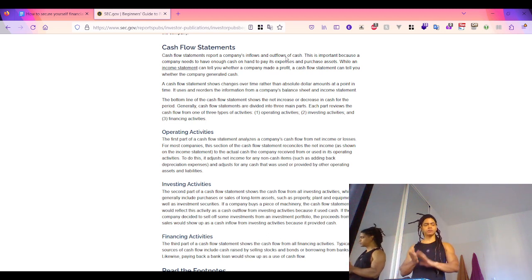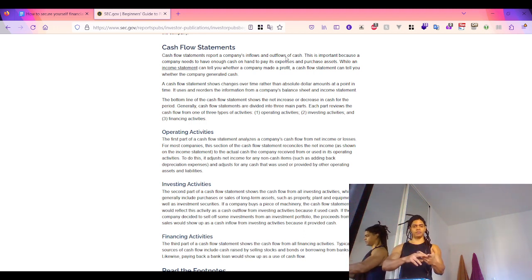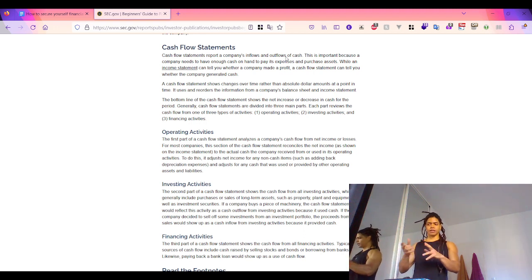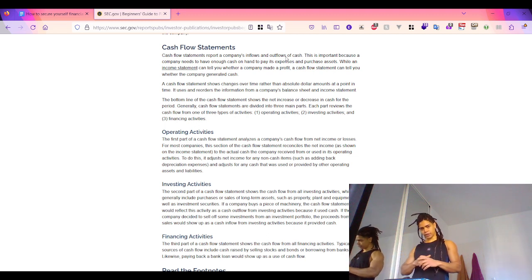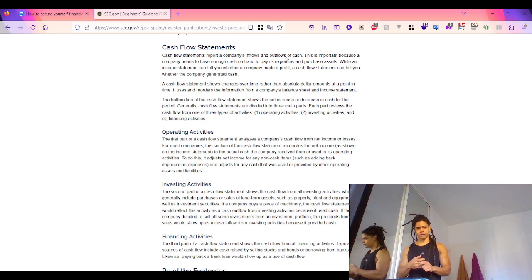The way to do that is first it looks at the net income and adjusts for any non-cash items, items that affect the income statement, such as stock-based compensation, amortization, that kind of thing. And it also adjusts the total amount of cash that was used or received from other operating activities.